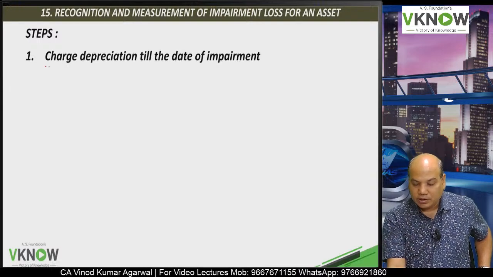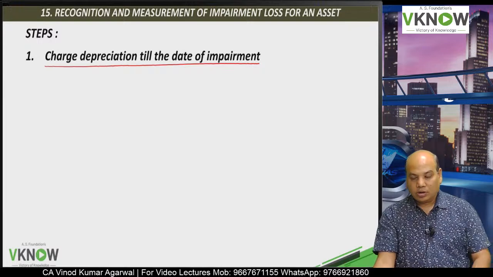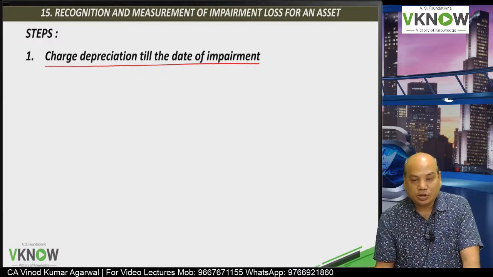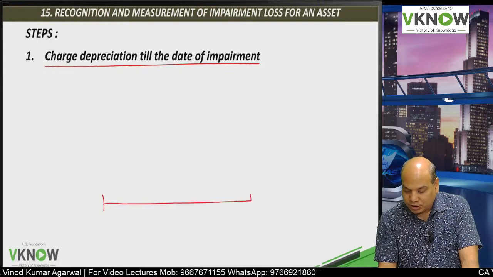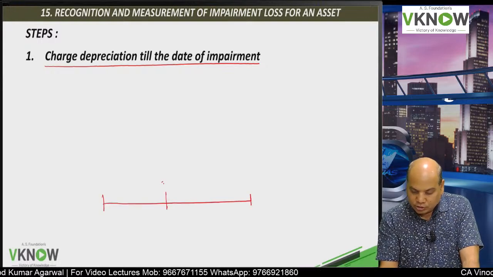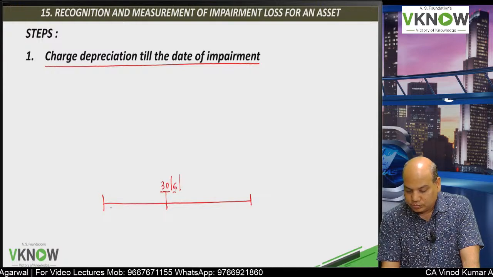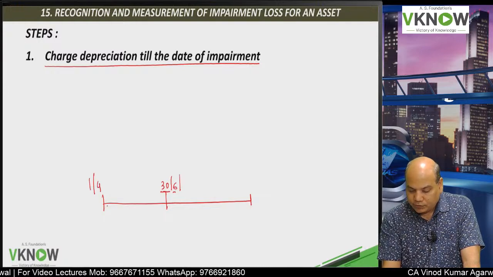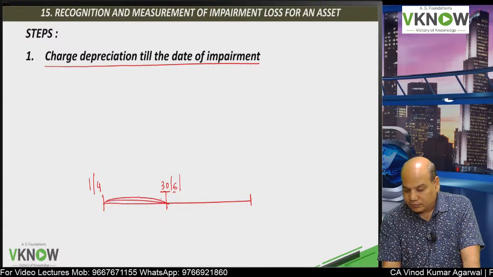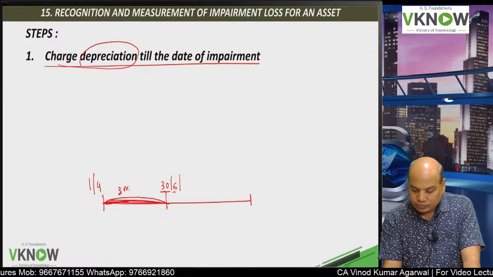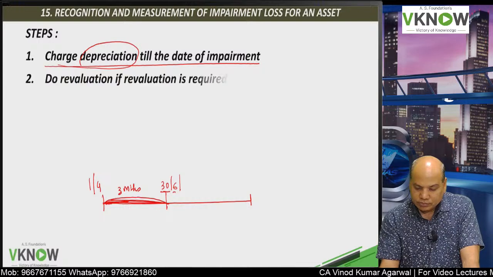Once you provide impairment loss, you are going to first provide depreciation till the date of impairment. Important point. Suppose I want to provide impairment loss on 30th June. First, I will provide depreciation from 1st April to 30th June, that is 3 months.